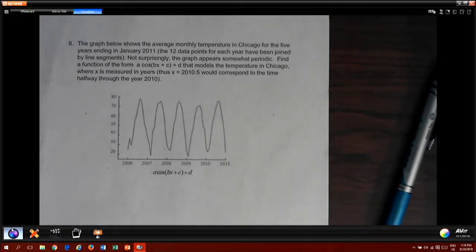The graph appears somewhat periodic. We want to find a function of the form a cosine bx plus c plus d that models the temperature in Chicago, where x is measured in years, thus x equals 2010.5 would correspond to halfway through the year 2010.